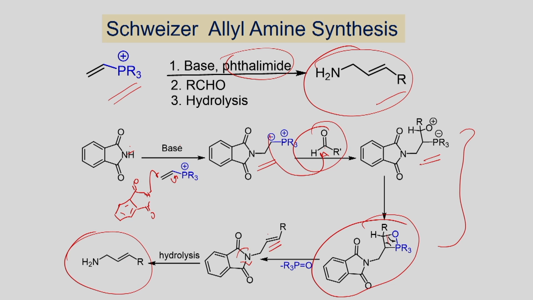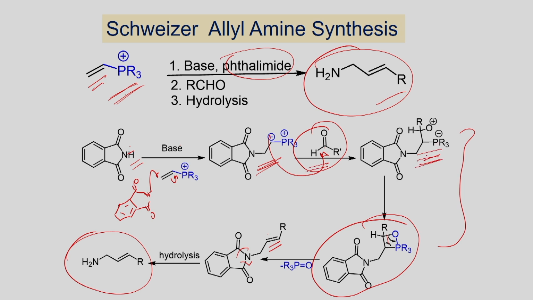If you want to make primary allylamine, this is one of the effective synthetic routes, which involves the combination of Gabriel and Wittig reactions, and you can have this vinyl phosphonium salt. Once you have this one, you can react with this anion that can be generated from phthalimide in the presence of base, which can undergo addition reaction, which can give this halide. Once you form the halide, we already know that it can readily undergo reaction with an aldehyde to give this betaine.